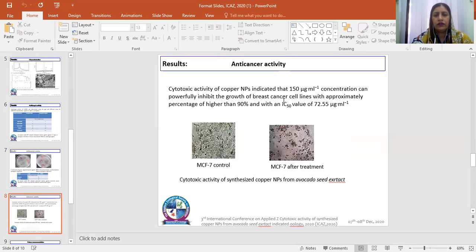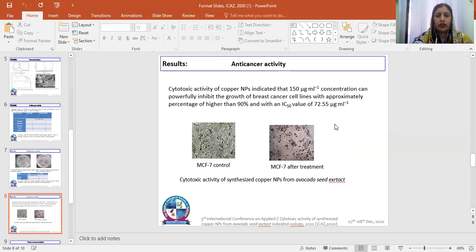The concentration found to be effective for MCF7 treatment is 150 microgram per ml, with a maximum percentage of 90%, and the IC50 value was 72.55 microgram per ml.